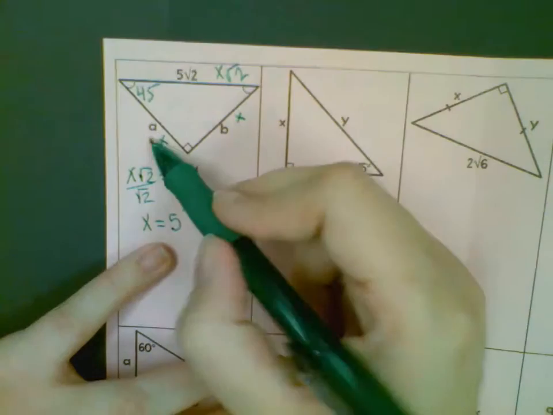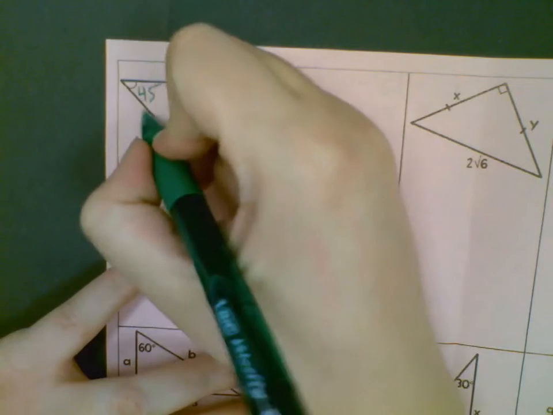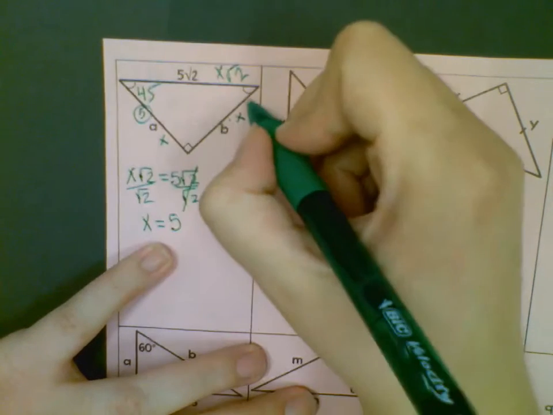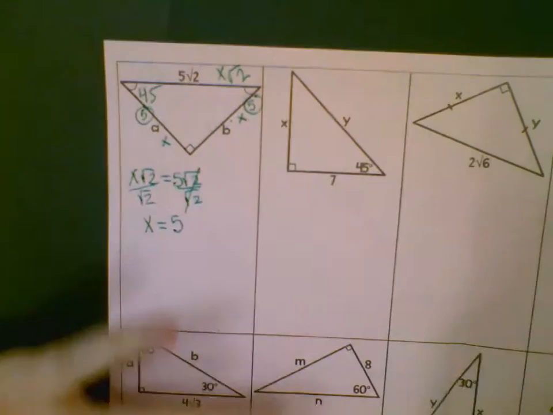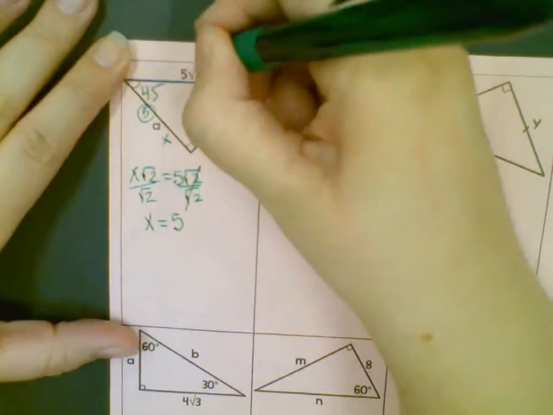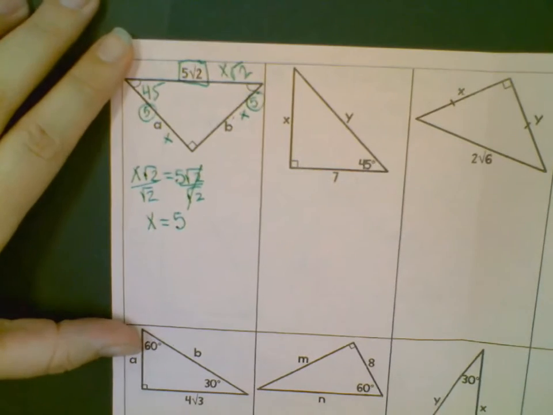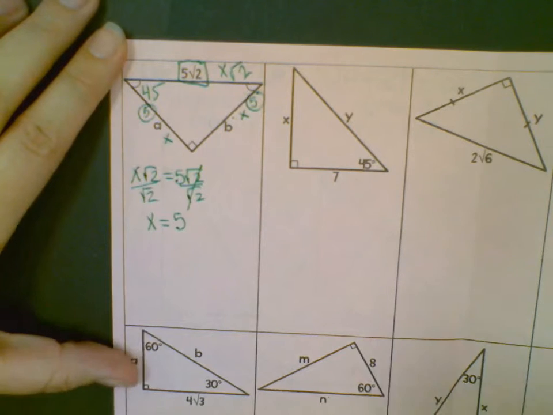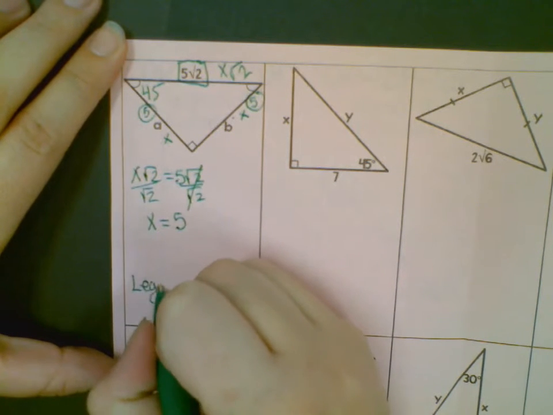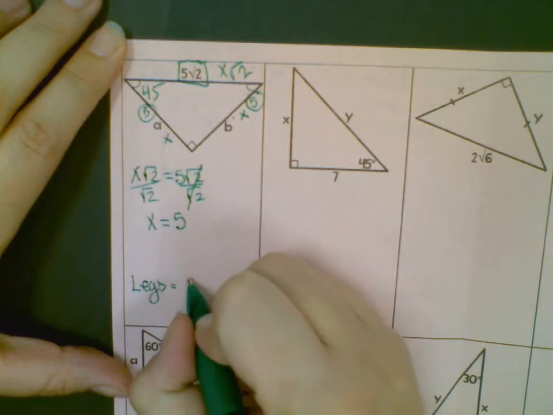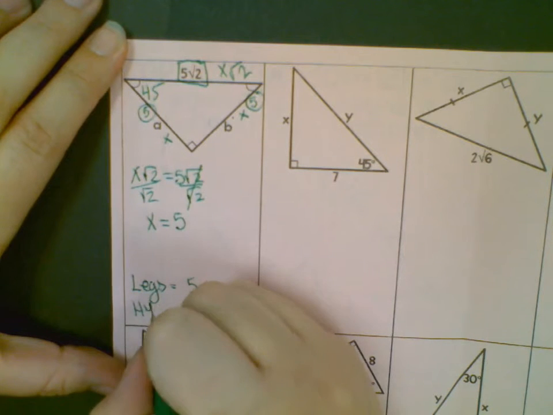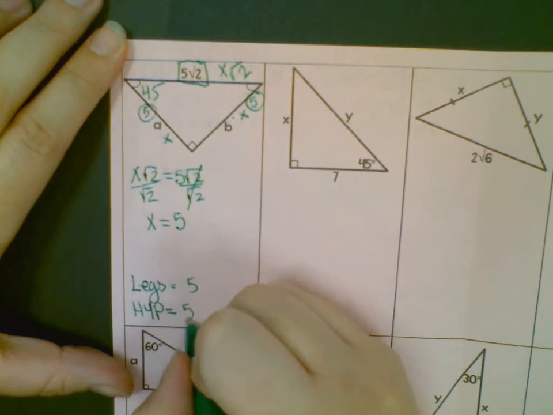Once I know that, I can plug it back in where I wrote my formulas. And we get that that side is 5 and this side is 5 because they're both x. We were given the hypotenuse, so we don't need to worry about plugging anything back in there. So that means that our legs, the two sides that are the same, are both 5, and our hypotenuse is 5 root 2.